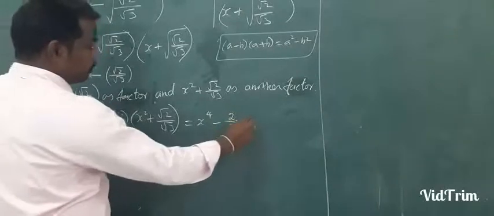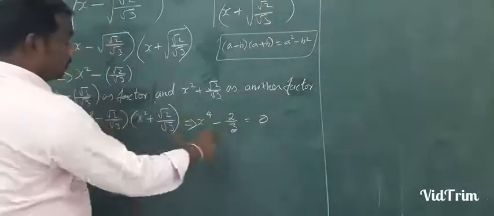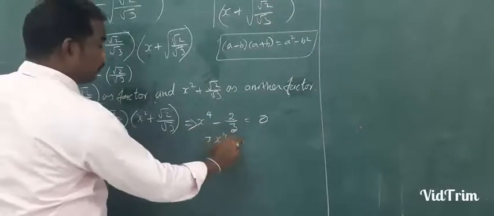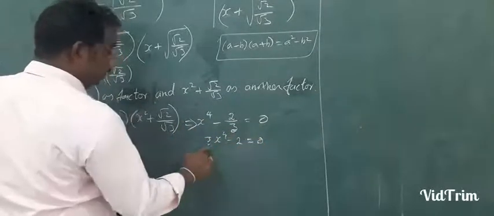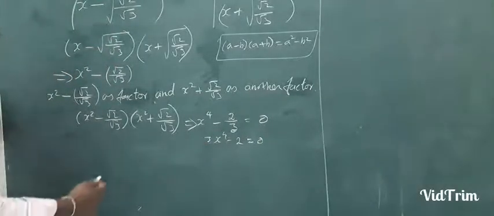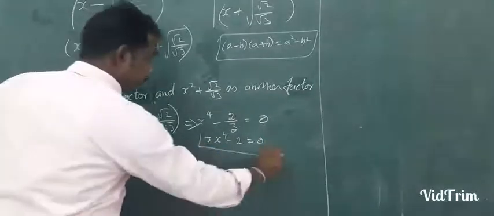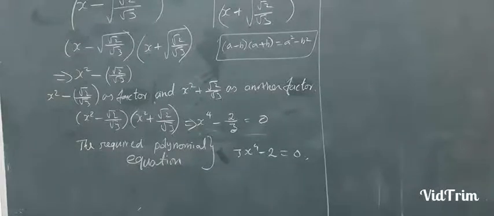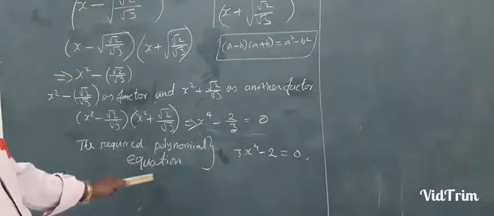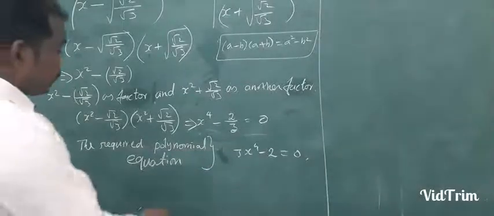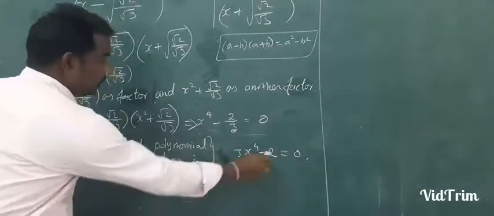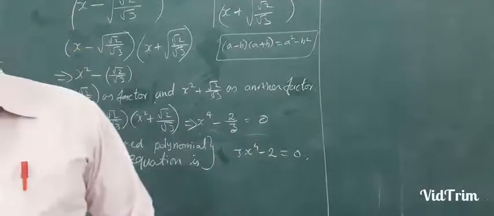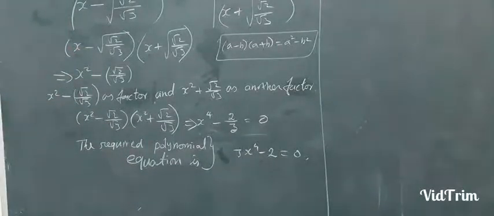Now if we equate it to 0, we have 3x power 4 minus 2 equal to 0. Now we have the integer coefficients. So that is the required answer. You may write like this: the required polynomial equation is 3x power 4 minus 2 is equal to 0, because they are asking for the polynomial equation with integer coefficients. So that is the answer.